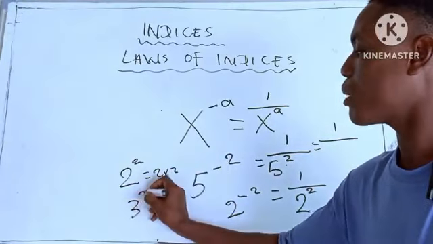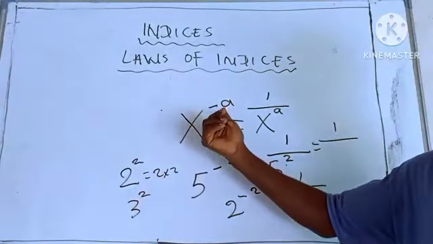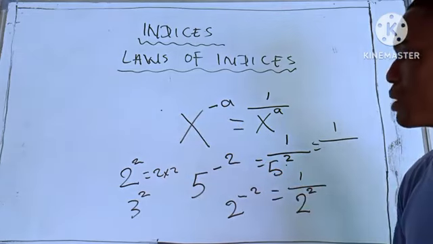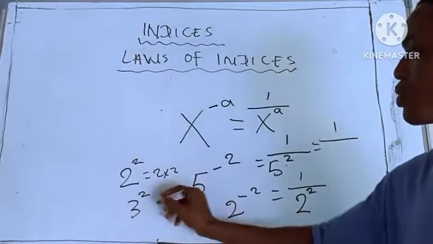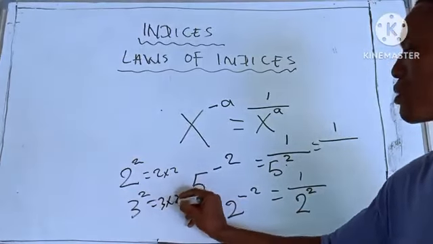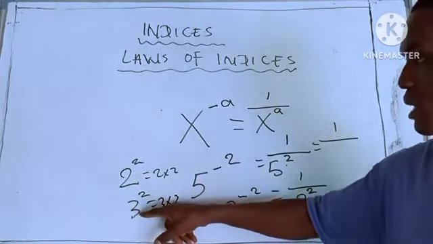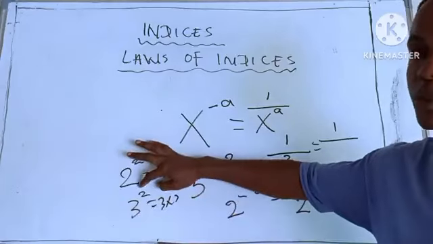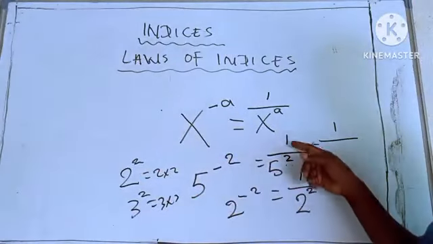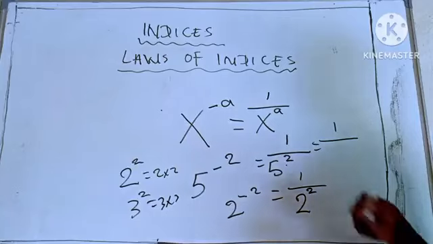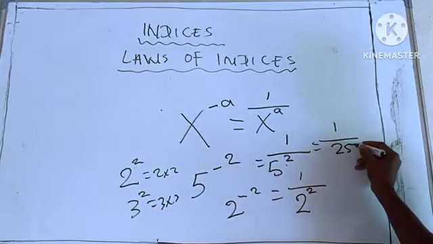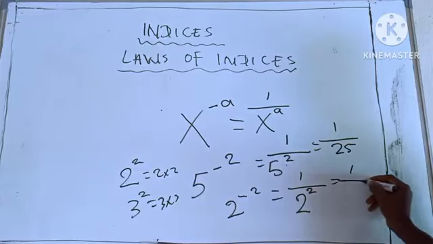If you have 3 raised to power 2, from the first law I've explained this before, 3 square means 3 times 3. Meaning the base number multiplies itself according to the given power. Now we have 5 square, so 5 times 5 will give us 25.